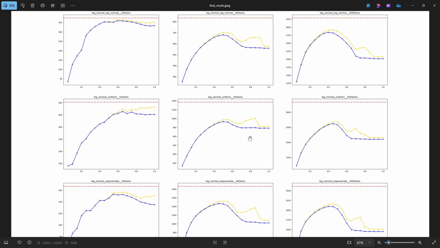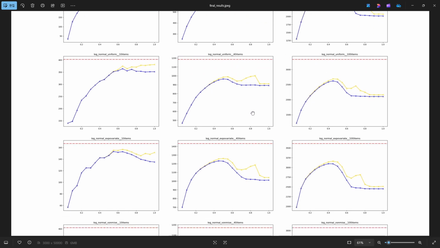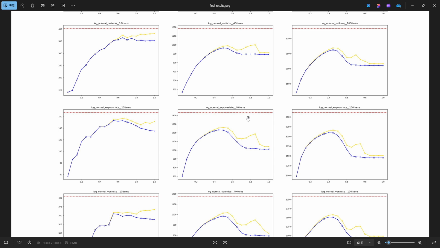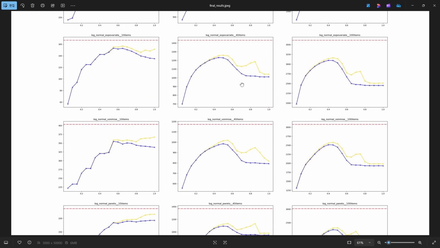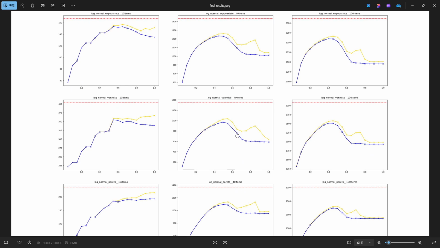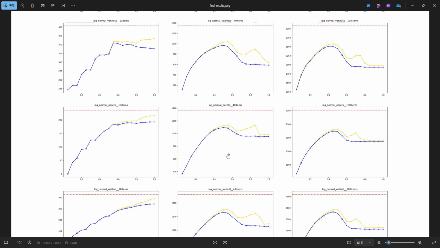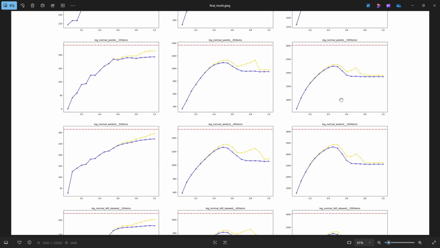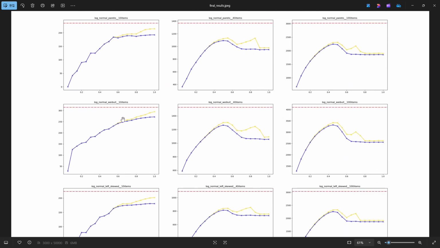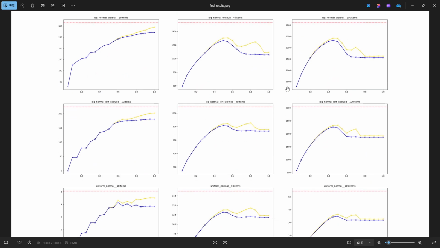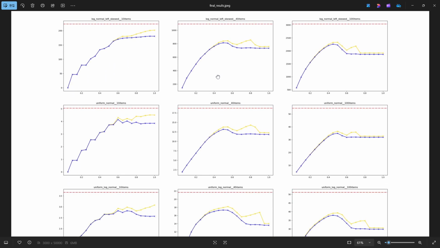Log normal, we've seen this. Log normal uniform, same. Log normal expovariate, again, same. Log normal von Mises, same. Log normal Pareto, 10 items, 40 items, yeah, about the same. Log normal Weibull, yeah, this is kind of unusual, but overall, except for this, it's the same. Log normal left skewed, again, kind of unusual, but still the same.